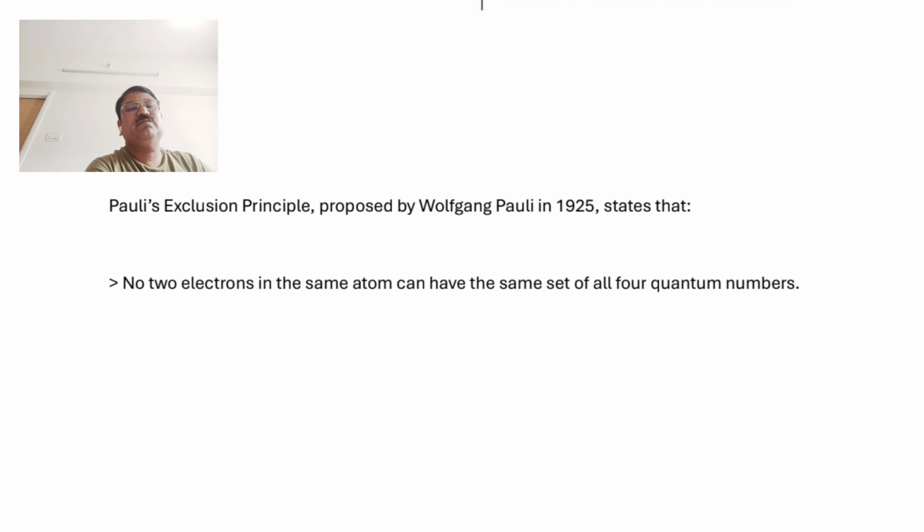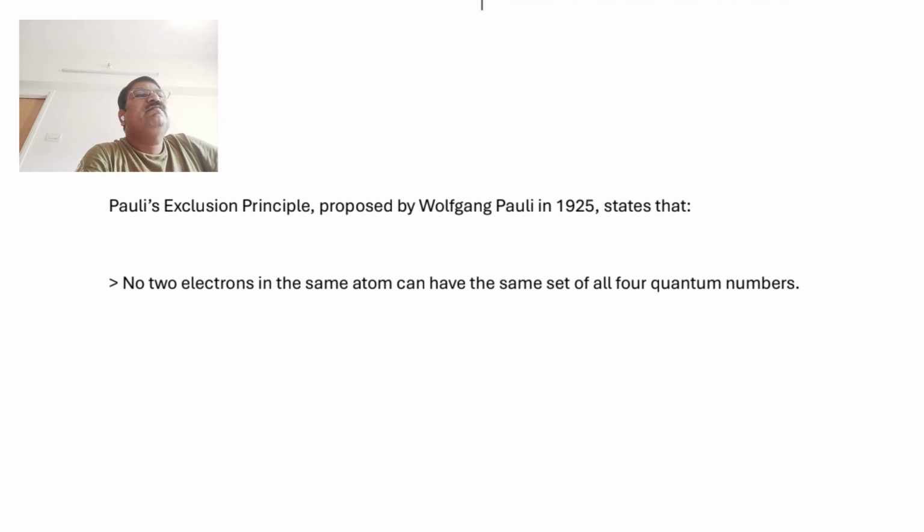Out of these, two we are going to study in this lecture. So Pauli's exclusion principle is put forth for atoms having more than one electron, and this was proposed by the scientist Wolfgang Pauli in 1925.